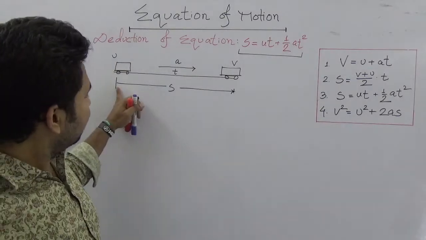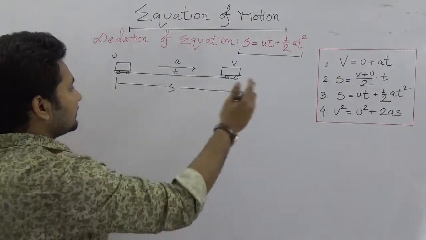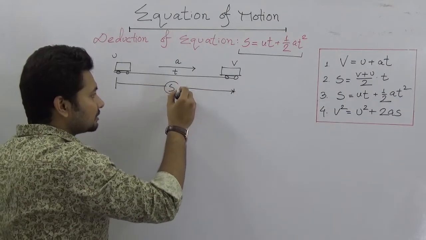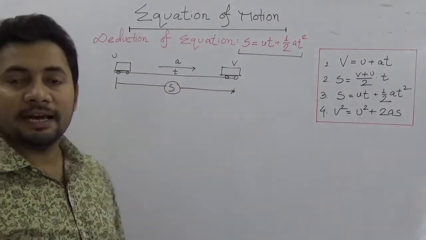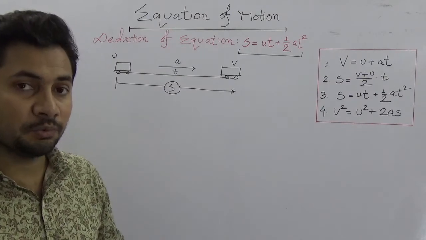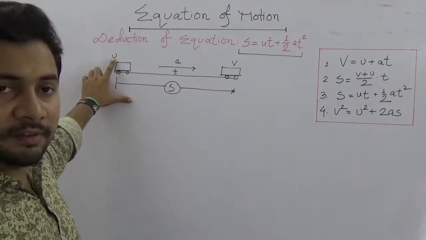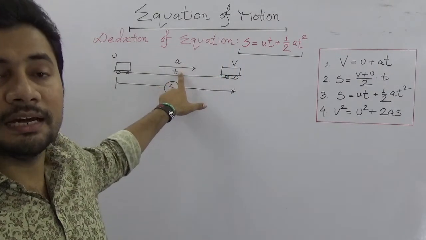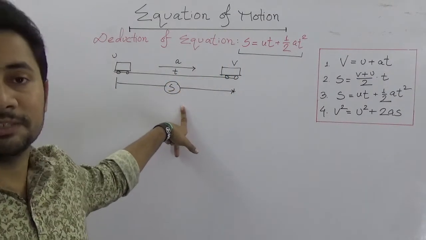From here to here, it definitely crosses a distance, and as it is a vector quantity, this should be the displacement. So here we have 5 different quantities: initial velocity, final velocity, acceleration, time, and the displacement.